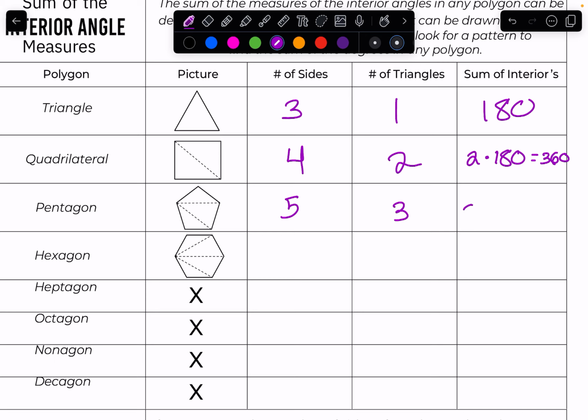So 3 times 180, which gives us 540 degrees. And we continue.